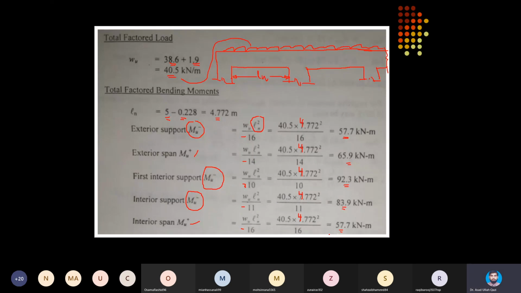Now the question will arise, which out of them should I use to determine the minimum depth which will result into a ductile section with steel strain 0.005 or bigger when concrete crushes.